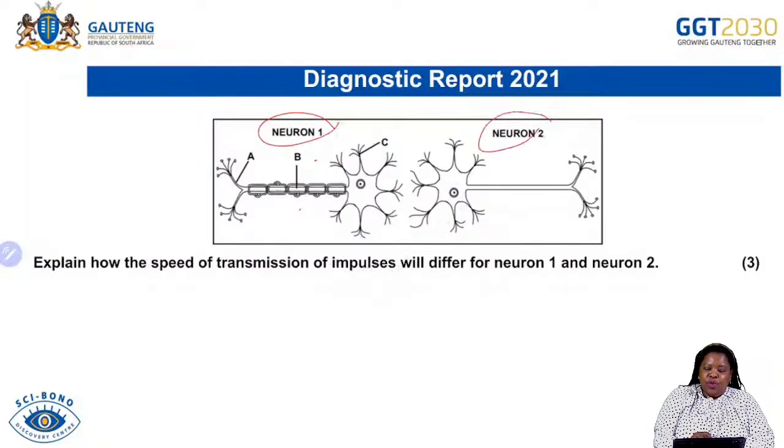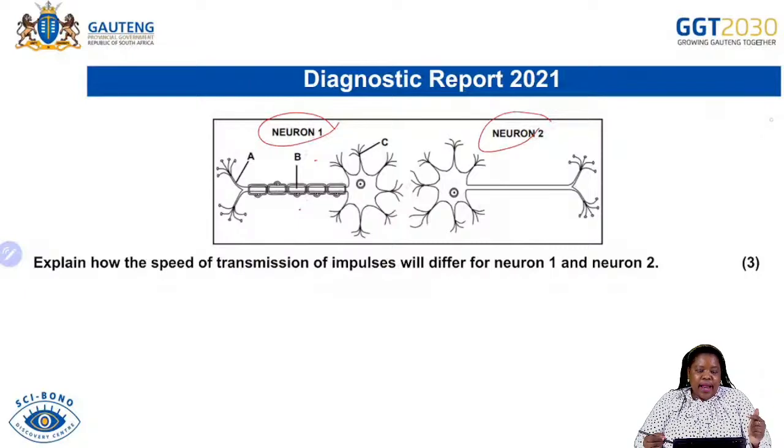Because of what? Look at the axon there. What covers neuron 1 is the myelin sheath. What covers neuron 2, there's nothing there. Remember, you also need to know the function of the myelin sheath. It insulates, it transmits impulses quicker. Okay?